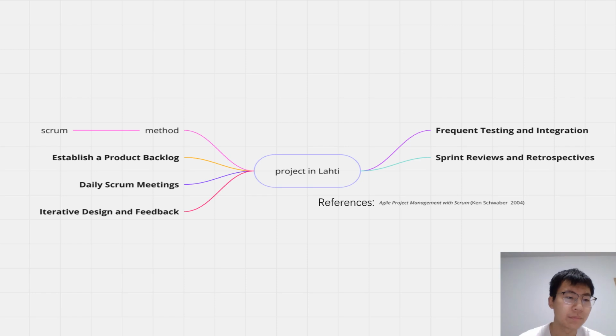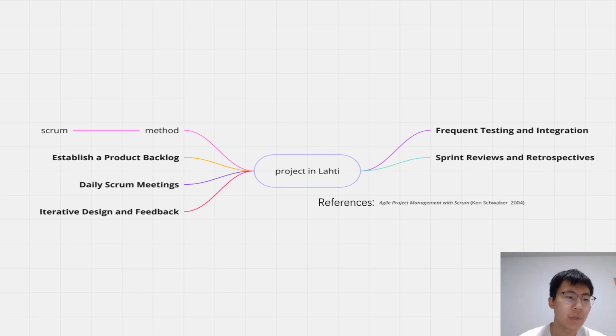There are many reasons, and for the first, we can establish a product backlog. Create a transparent and ordered product backlog that includes all features, improvements, and bug fixes to be implemented. Because a clear backlog allows the team to plan sprints effectively and provides stakeholders with visibility into project progress.